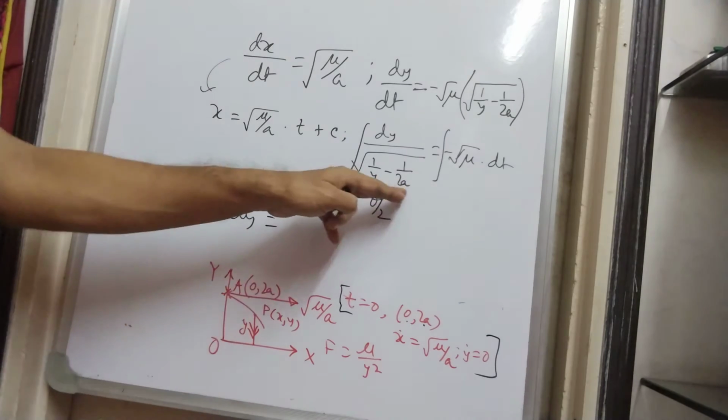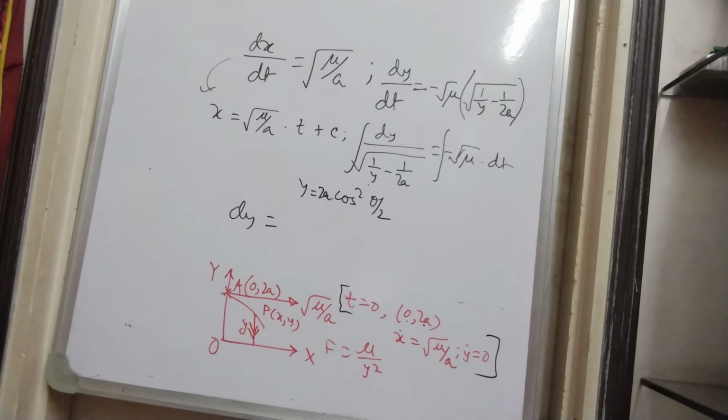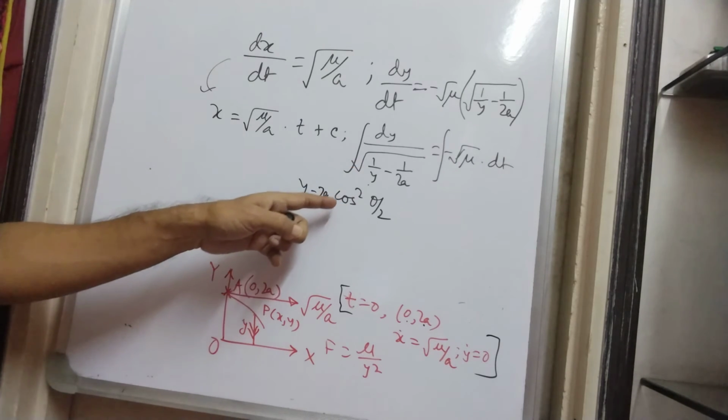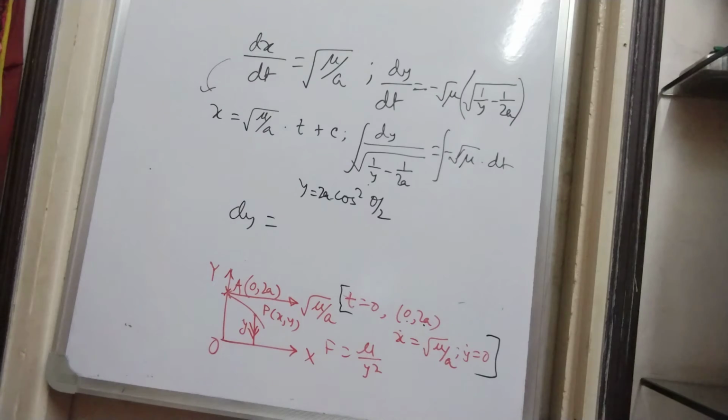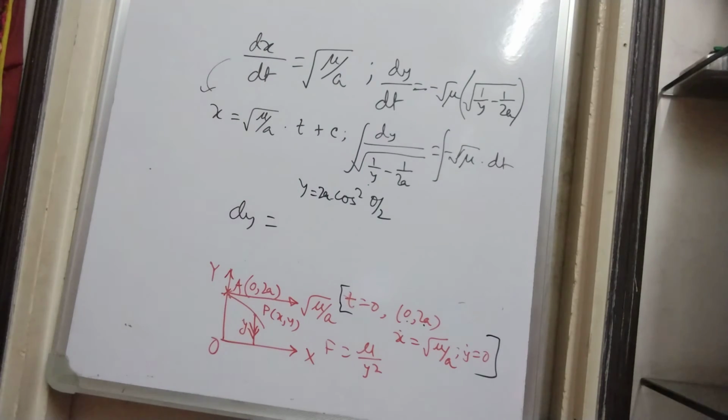If you substitute in place of y 2a cos square theta by 2, you can easily gauge that this becomes sec square theta by 2 minus 1, isn't it so? Which is actually tan square theta by 2, and when we take out the root, it becomes tan theta by 2, and the integration becomes actually cot theta by 2, isn't it so? Which is easily integrable.